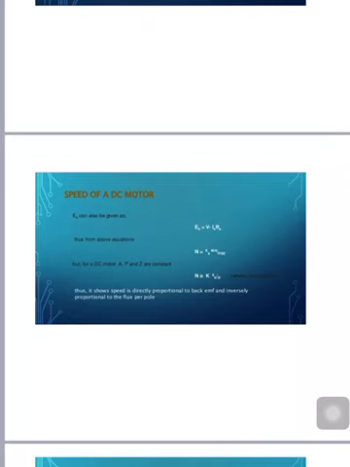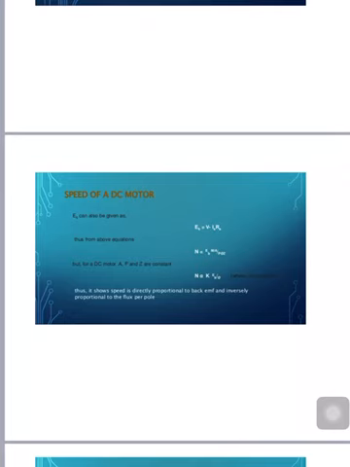So now N is directly proportional to Eb and inversely to phi, so we can write N is proportional to k Eb by phi, where k is a constant, that is k equals 60A by P Z. And finally, from this expression we can justify that the speed is directly proportional to back EMF and inversely proportional to the flux per pole.